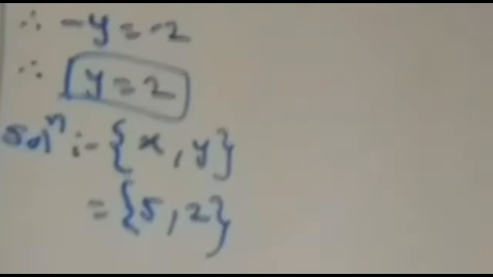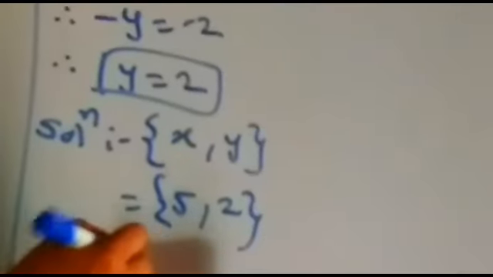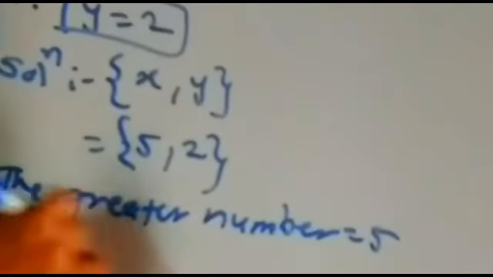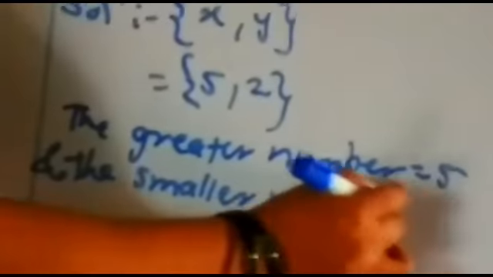In a word problem, it is important to write the answer in one sentence. The required numbers are 5 and 2, or we have to write down the greater number is equal to 5 and the smaller number is equal to 2.